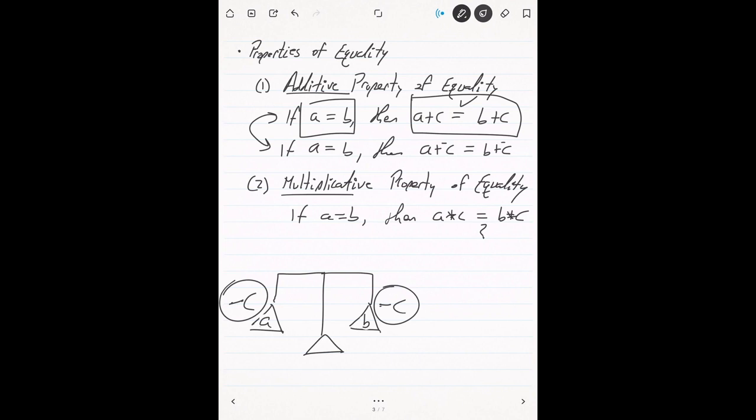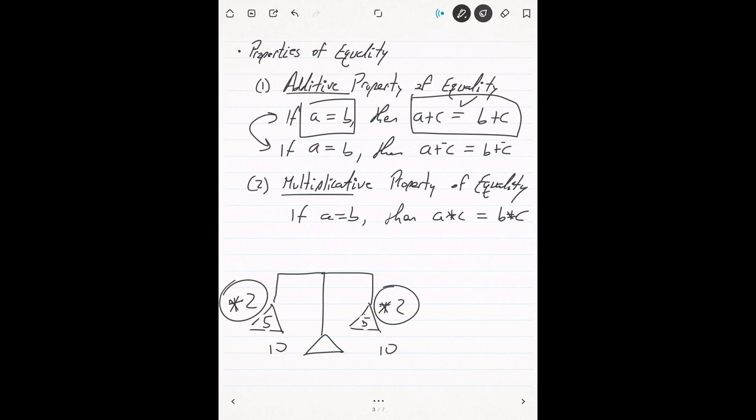So again, if we're thinking about this in terms of a balanced scale, let's say we had 5 pounds on each side of the scale, and let's say this time I multiply both sides by 2. What that would be like in this case, meaning I'm doubling the weights, okay? The weights were equal to each other. Now I've doubled them. So now I have 10 pounds on each side. Would they stay equal? Well, of course they would.